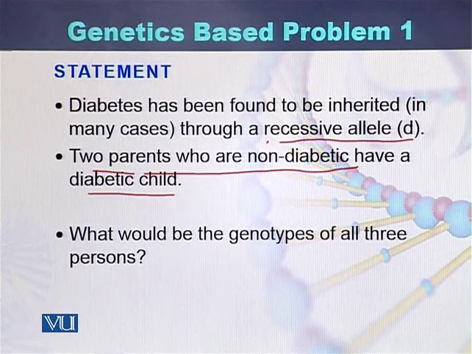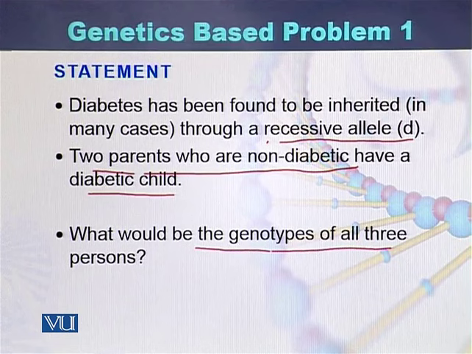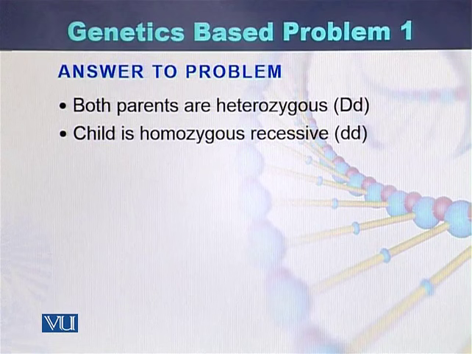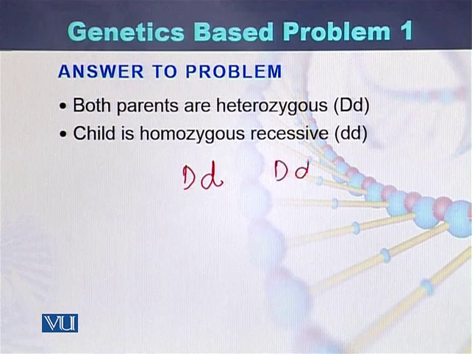We also have to see what would be the genotypes of these three persons, the parents as well as the affected child. The answer to this problem would be that both the parents are heterozygous, they are Dd and Dd.